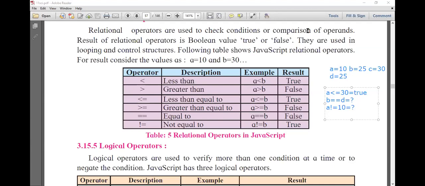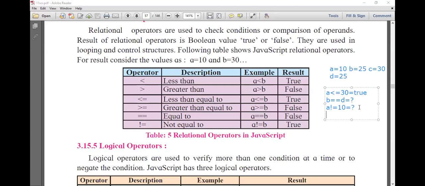Jesse is saying false. Rohan false. Swarup false. Chaitrali is saying false. Ratan saying false. Yes, you are saying false, so it is false. Nobody is saying true, so it's not true. Good. False. Okay, so you understood very well how we can execute the operator.